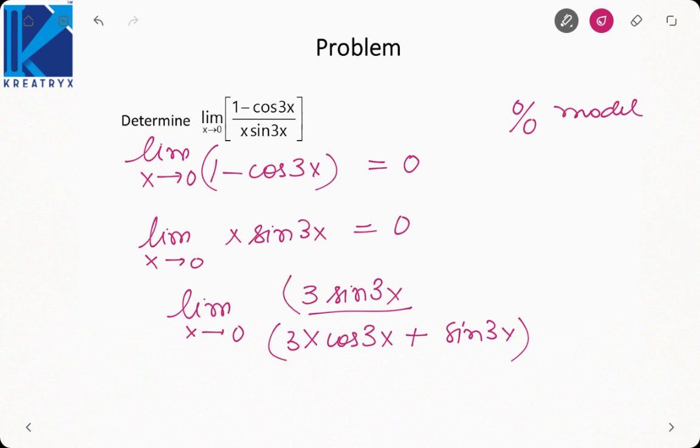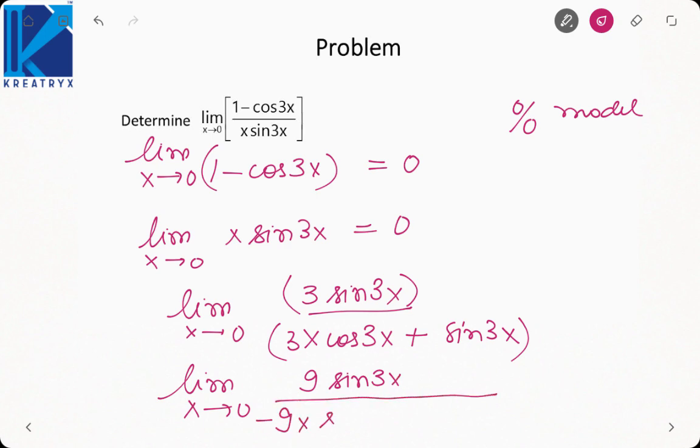The numerator as well as the denominator go to 0 as x tends to 0, so you need to apply the L'Hopital rule again. Differentiate once again: 9 cos 3x over (−9x sin 3x + 3 cos 3x + 3 cos 3x).